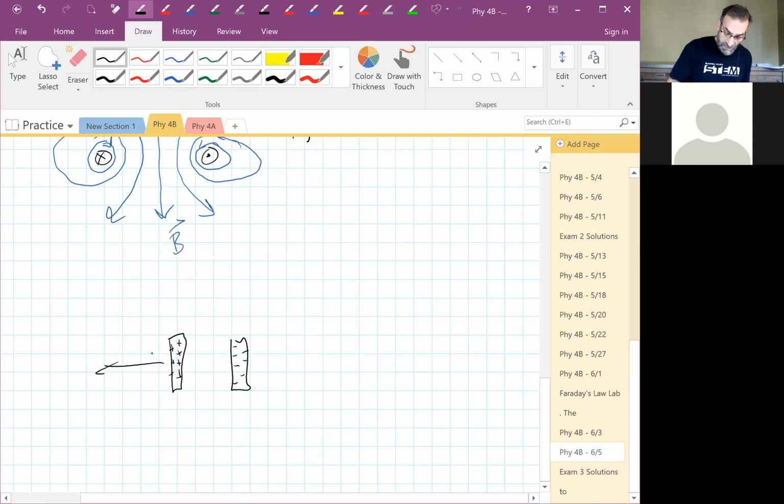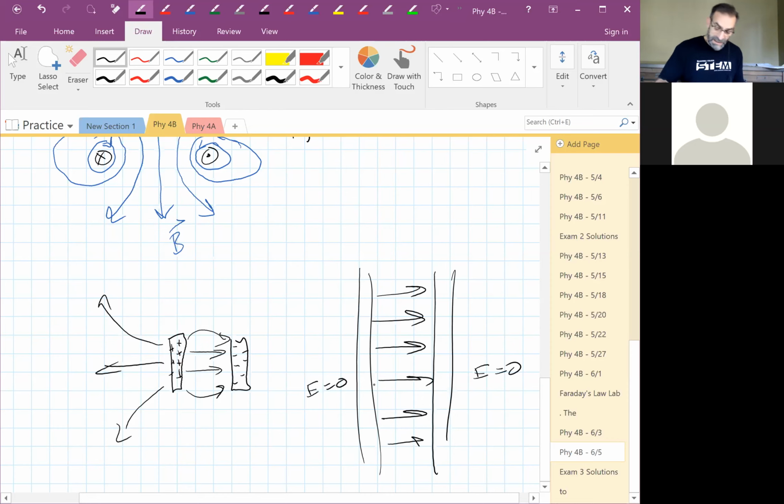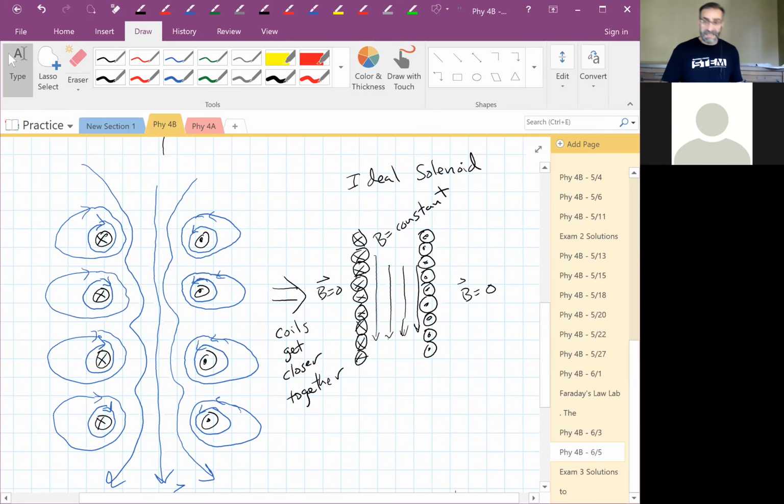And you've got something like that, right? But as you make those longer and longer, then all the charges come over, right? E goes to 0 out here, and E is uniform in between the plates, right? So it's very similar. The analogy we're using here is it's very similar.